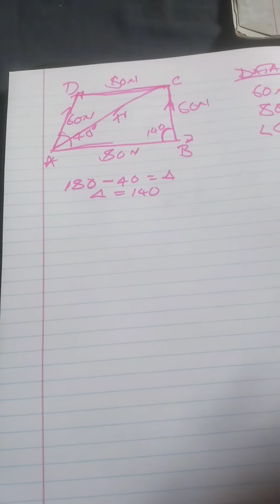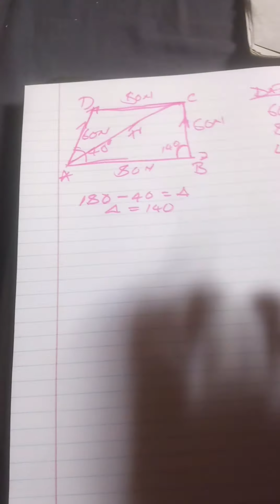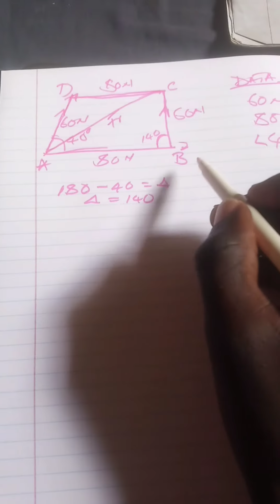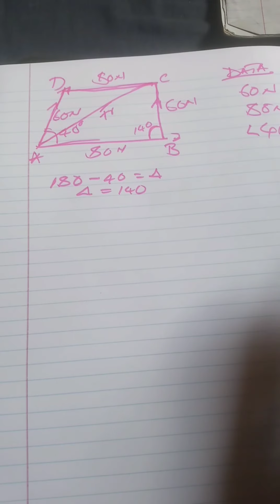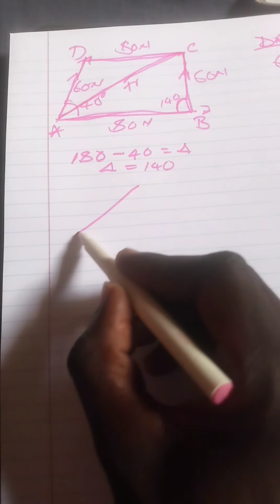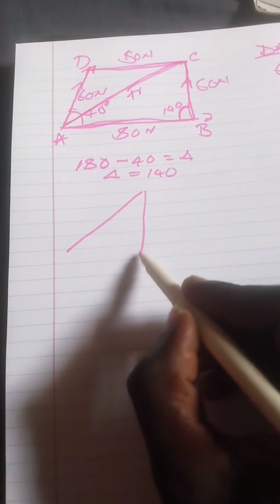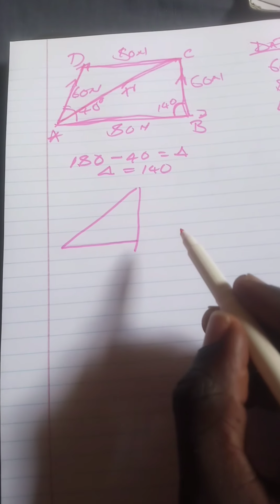So we can now write the formula for finding the resultant force, which is the hypotenuse. Since we just want to find the length of this, we can cut this triangle out of the parallelogram and draw it in a small way, just a small triangle there.